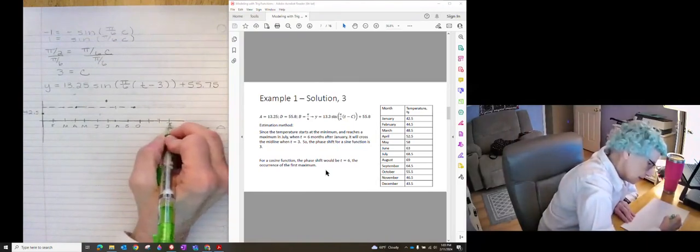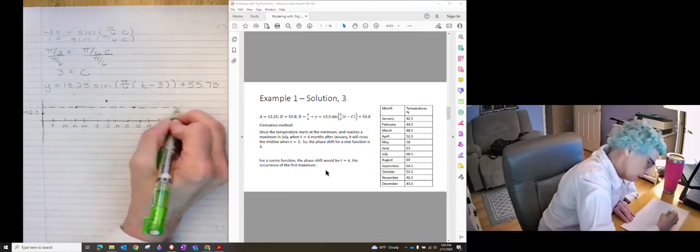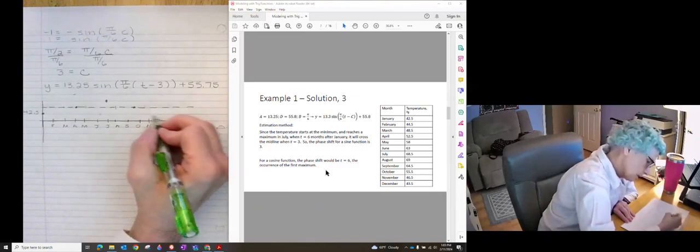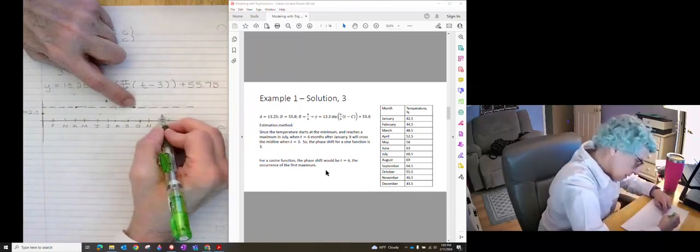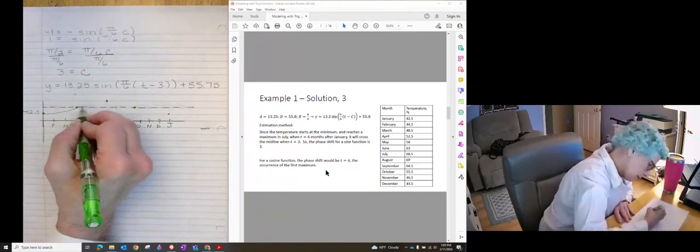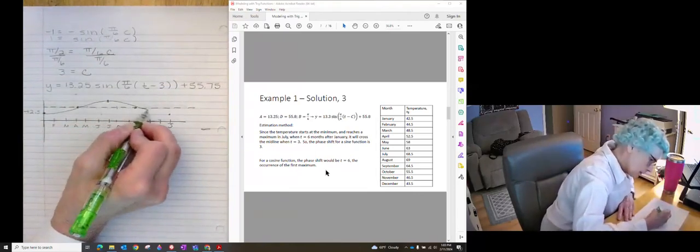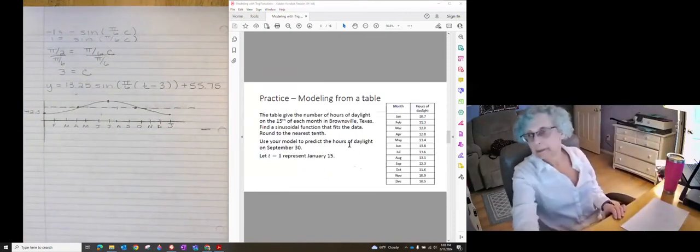November, December, and then we're back to January. We're down to our low again in January. So here, something like that.